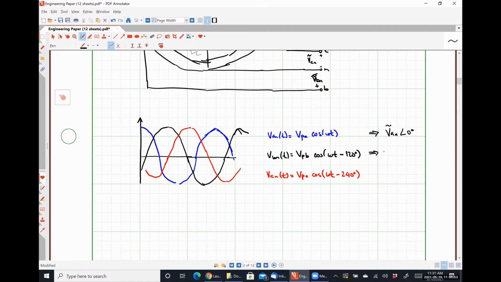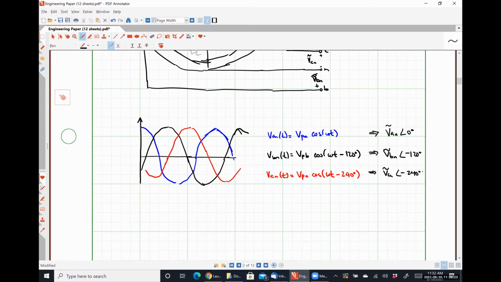This guy is going to be some RMS phasor voltage VBN with an angle of negative 120 degrees. And this guy lags with an RMS phasor voltage of VCN with an angle of negative 240 degrees, where we get the magnitude of these just by dividing their magnitude by square root of 2, right?